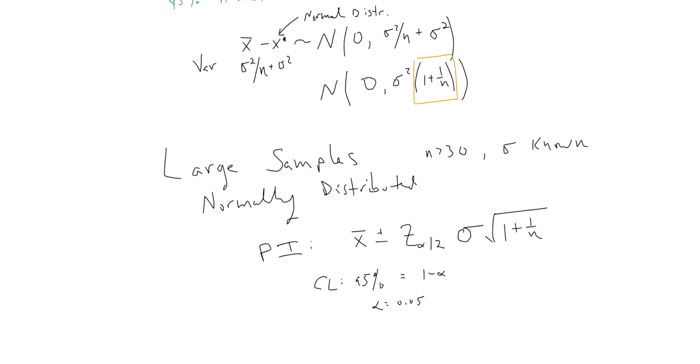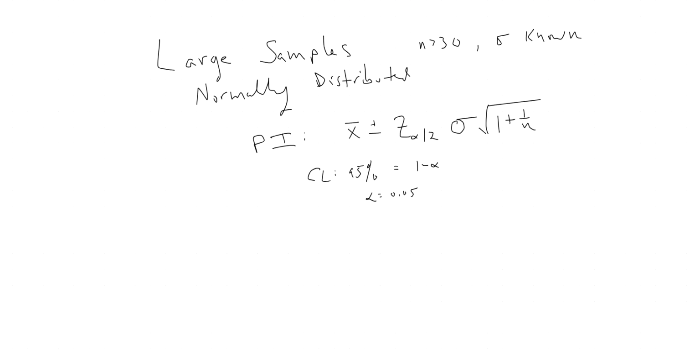And then if we want to do a small sample situation here, small sample prediction interval, then we're looking at x bar plus or minus t alpha over 2, t for the small sample, with degrees of freedom n minus 1, and then we've got s instead of sigma, times the square root of 1 plus 1 over n.